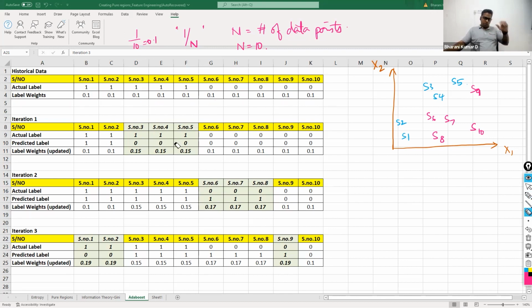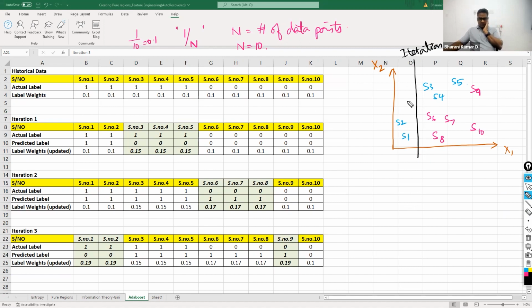Next, what happens? You build your classification algorithm. When you build your classification algorithm, assume that your classifier was like this. This is your iteration 1. In iteration 1, you have these two observations and the other observations.